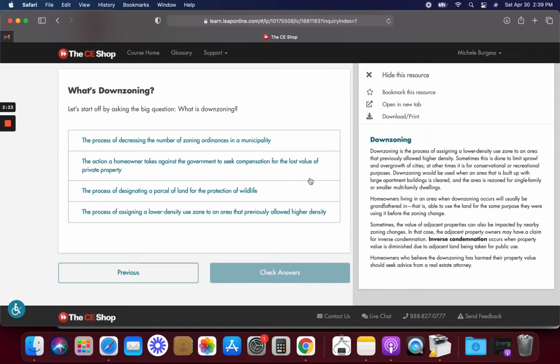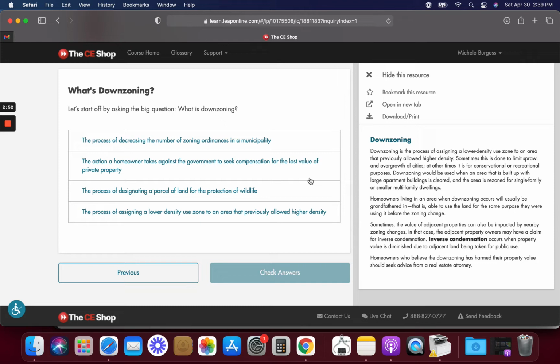Homeowners living in an area when down zoning occurs will usually be grandfathered in. That is, they are able to use that land for the same purpose they were used before the zoning change. And sometimes the value of adjacent properties can also be impacted by nearby zoning changes. Now, we talked about inverse condemnation on another video, and this occurs when the property value is diminished due to adjacent land being used for public use.